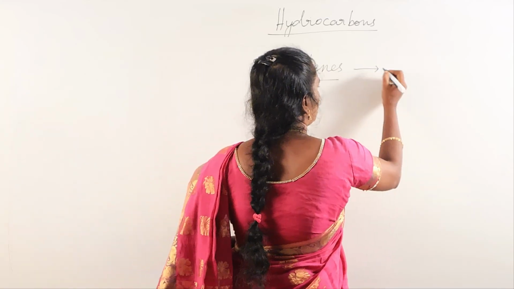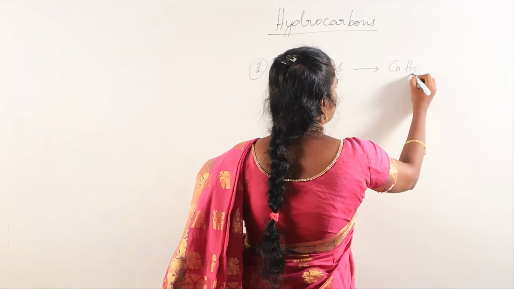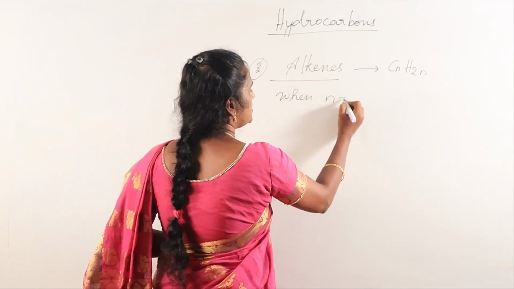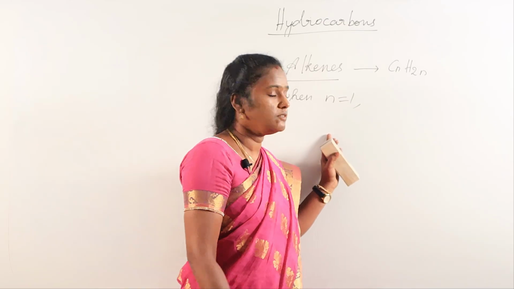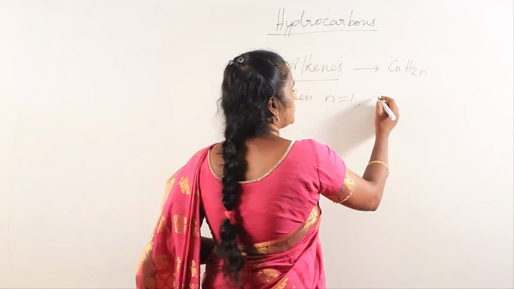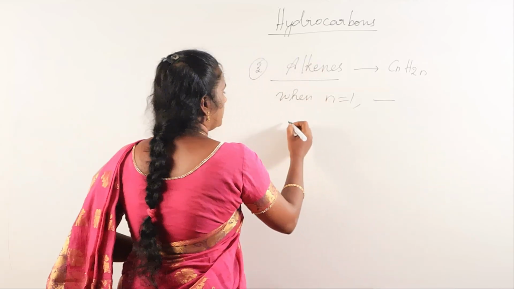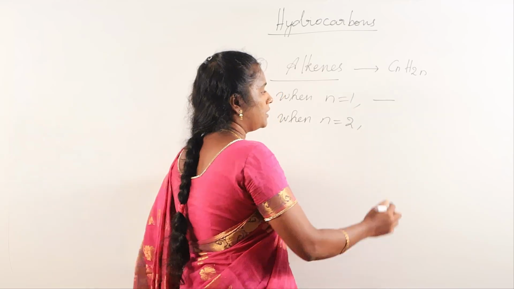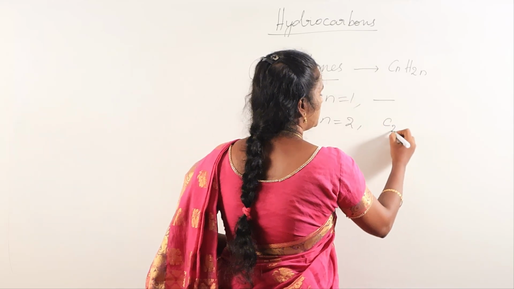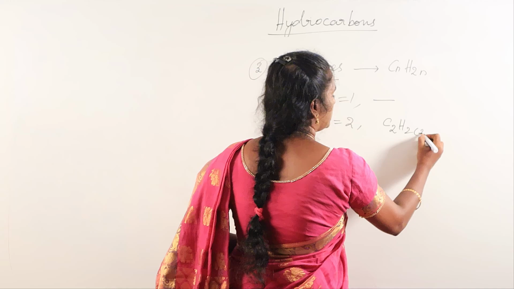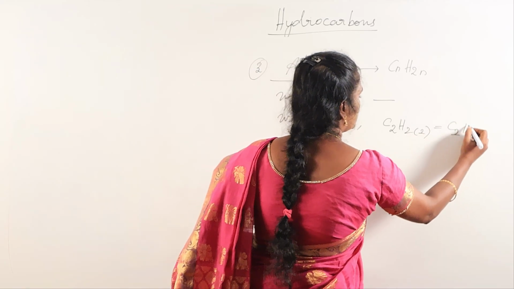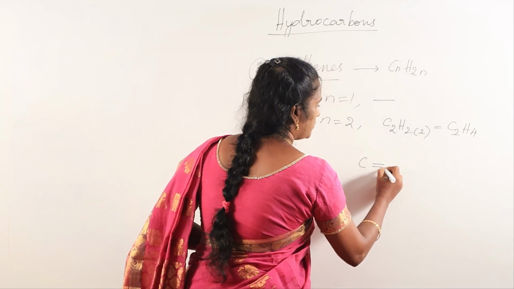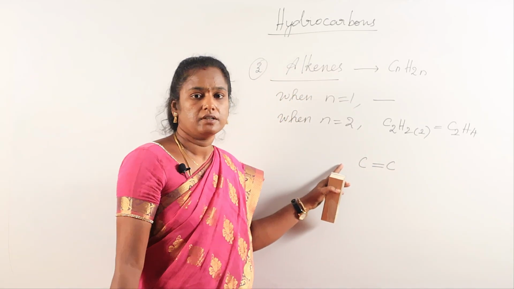Alkenes have the formula CnH2n. When n is equal to 1, we don't have any value for alkenes. When n is equal to 2, we substitute: C2H(2×2), we get C2H4. We have the structure for this: a carbon-carbon double bond.